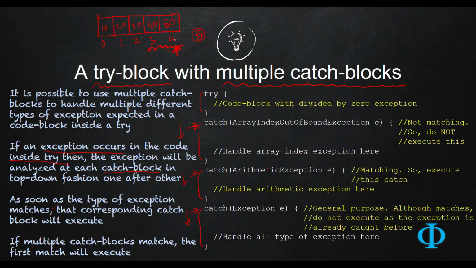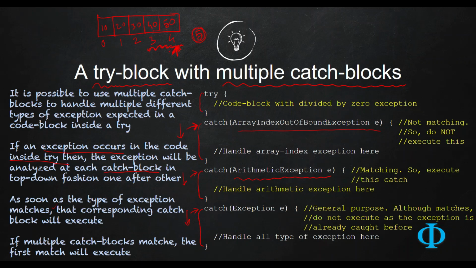At that point of time there may be an array index out of bound exception. So you create a catch block for that. And then also, since you are doing a division operation, you can get an arithmetic exception, like the divided by 0 error.